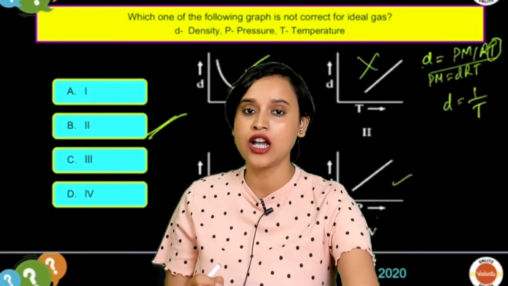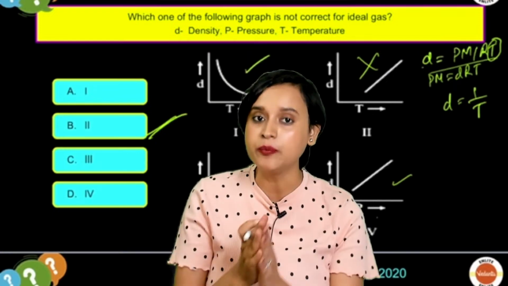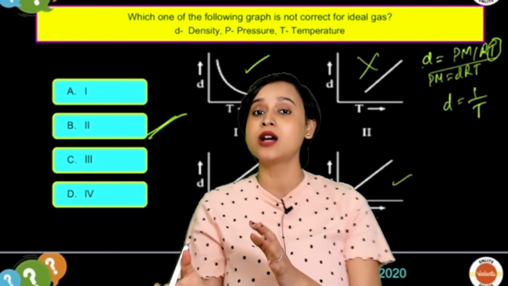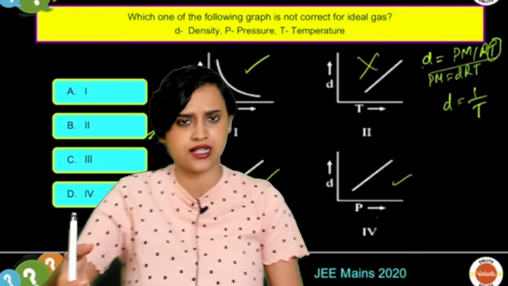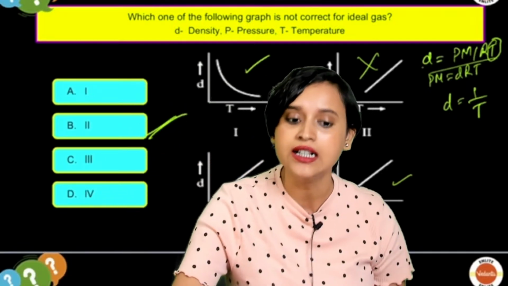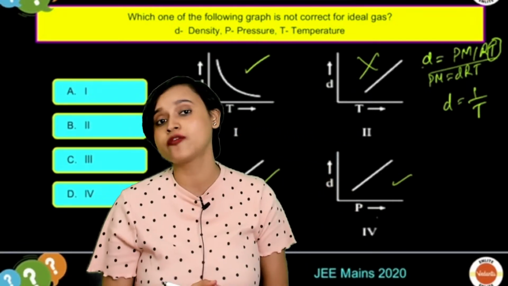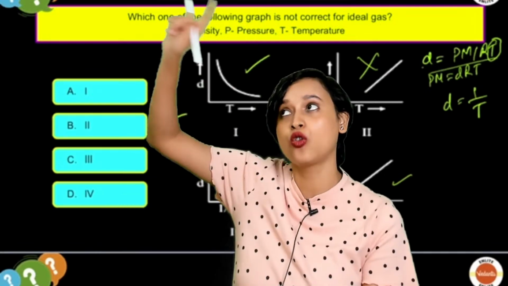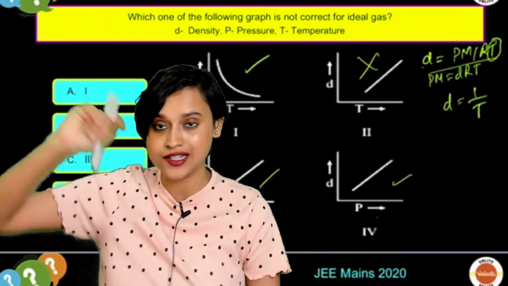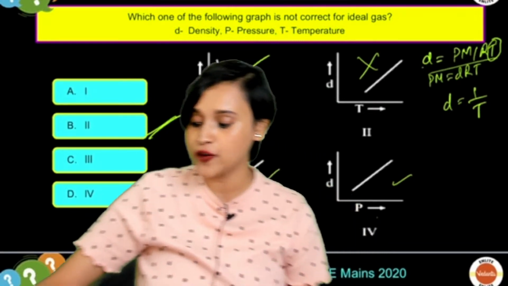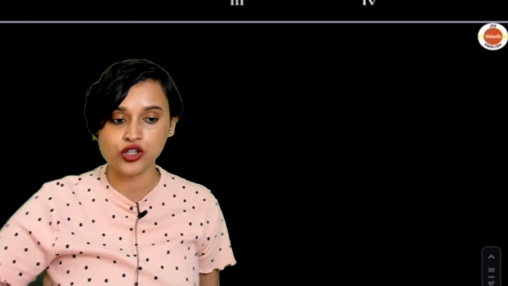Today, what are the things that we are going to complete? We are going to complete basically the density and the molar mass of gaseous substances, which we have just covered. Then we're going to talk about Dalton's law of partial pressure, which you are going to learn again in the chapter Solutions in class 12. Apart from that, you are also going to learn kinetic molecular theory, or kinetic theory of gases, as we like to call it.